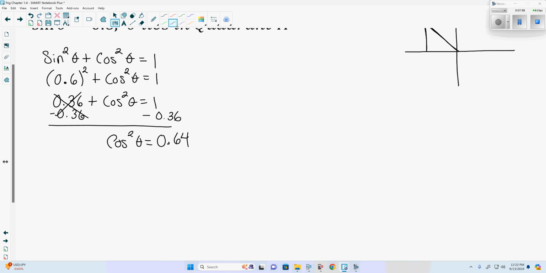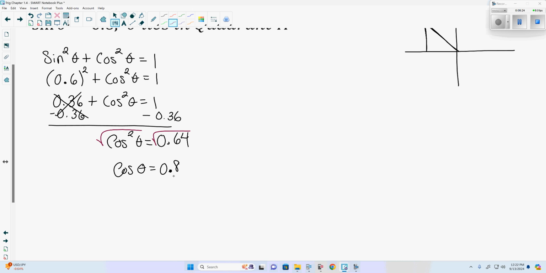And last but not least, we'd square root both sides, telling us cosine of theta is equal to 0.8. Questions on this so far?